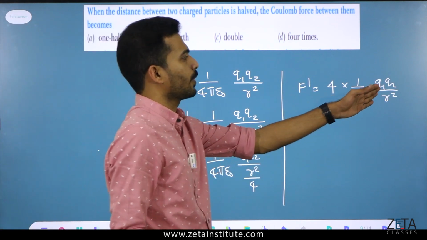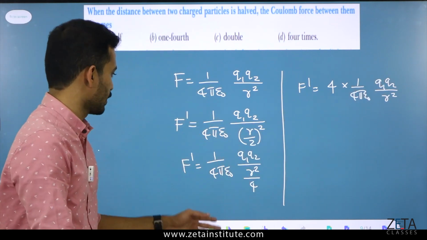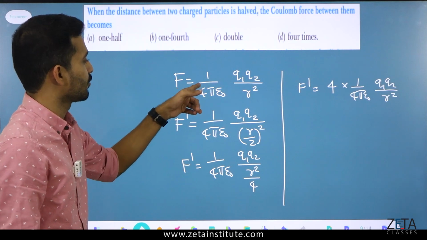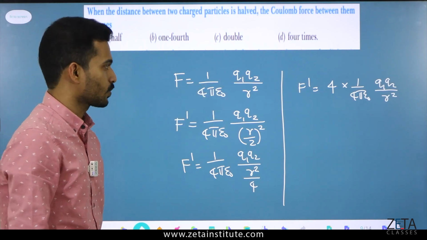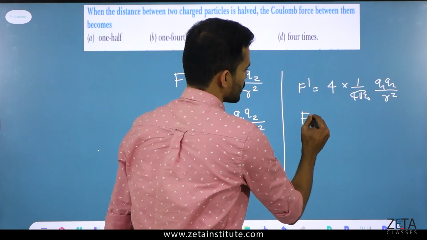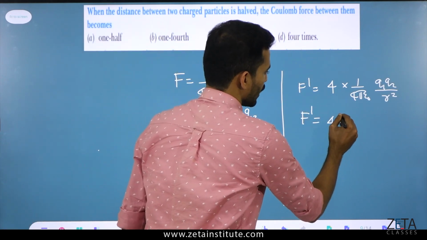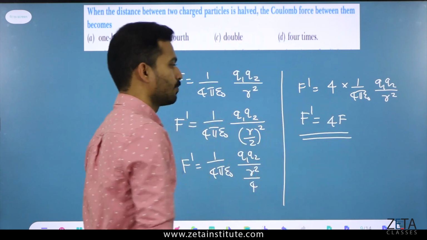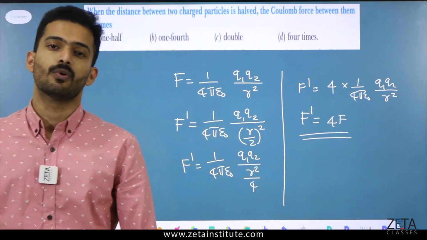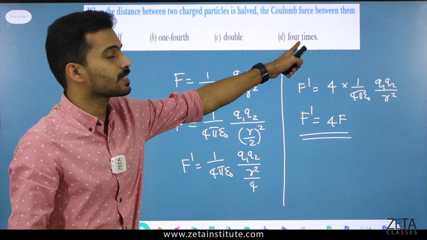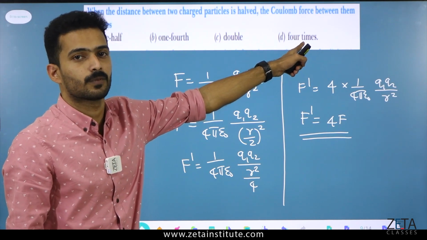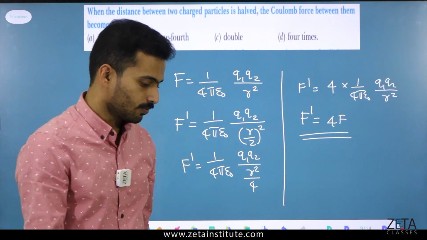What is 1 by 4 pi epsilon 0 Q1 Q2 by r square? That is the initial force F. Then F dash is equal to 4F. That means the force increases by 4 times.